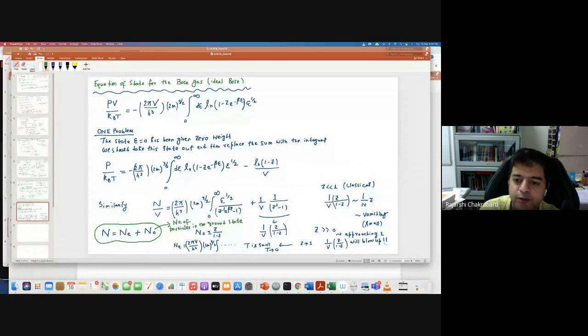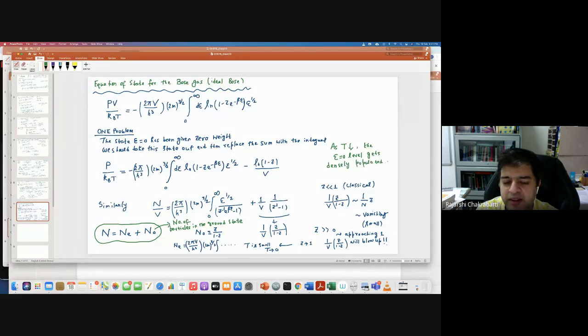So basically as T decreases, the epsilon equal to zero level gets densely populated.